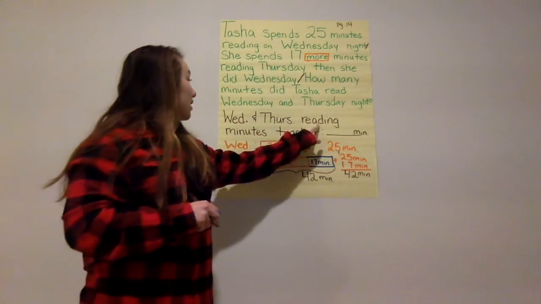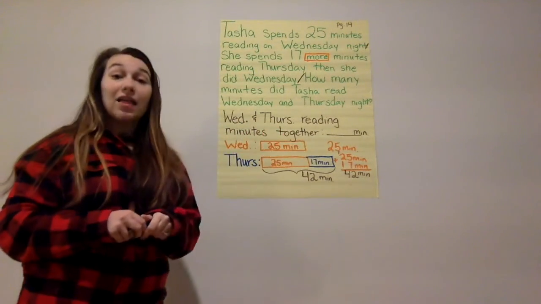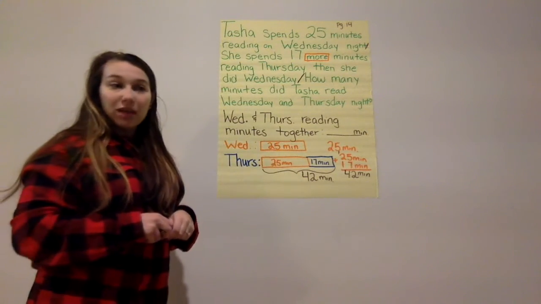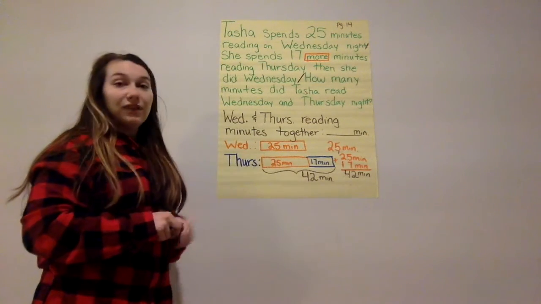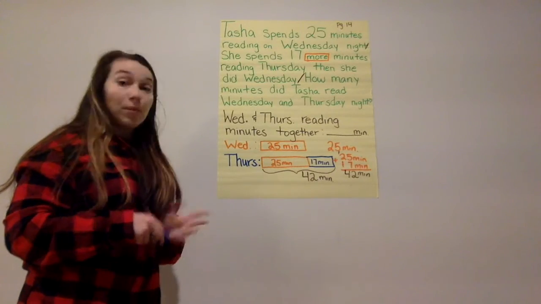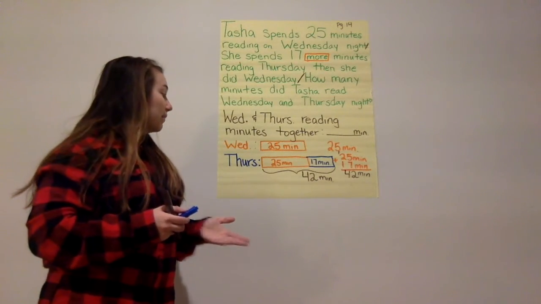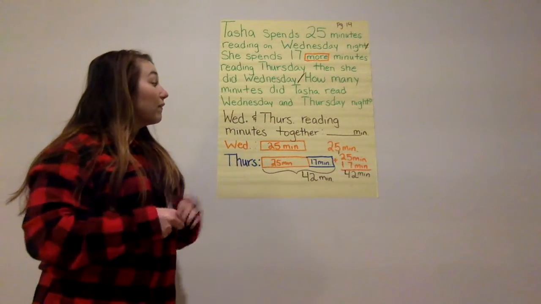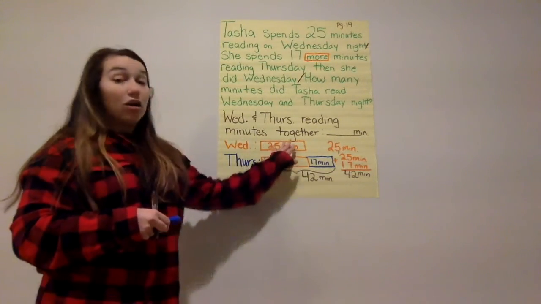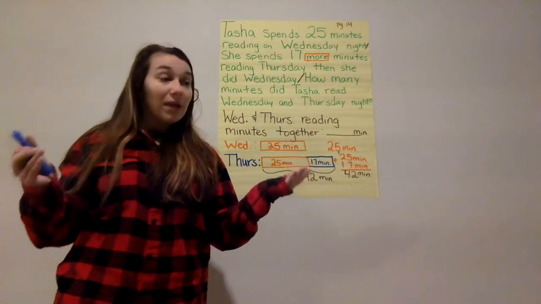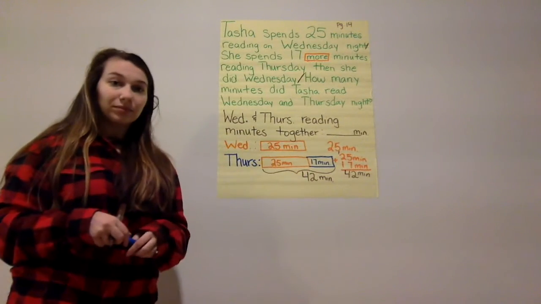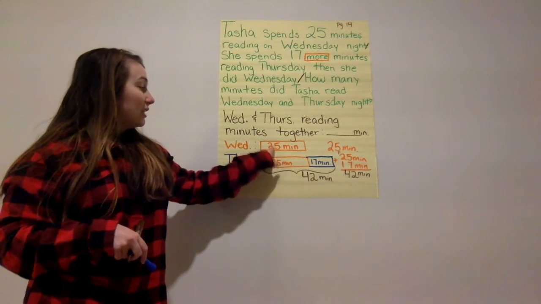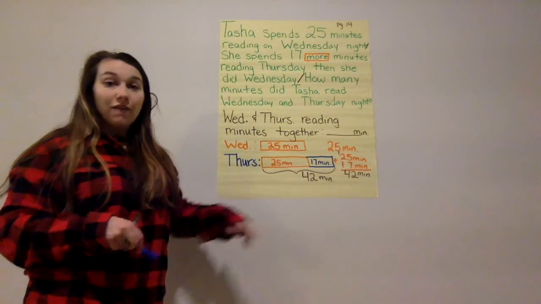Wednesday and Thursday, reading minutes together. So, we have Wednesday. How much did she read Wednesday? 25 minutes. How much did she read Thursday? 42 minutes. If we want to figure out how much she read all together, what am I going to have to do? Very nice. I'm going to have to add 25 and 42.